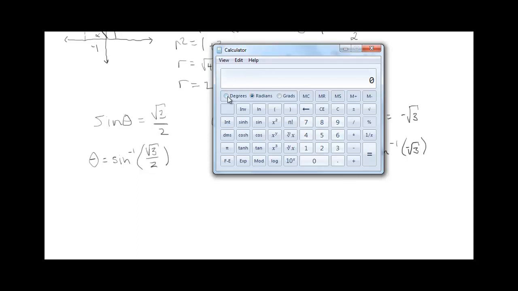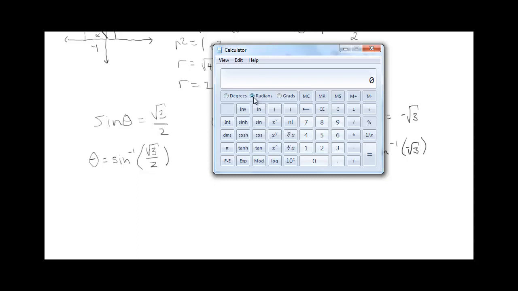So the first thing you want to do is, we are working in radians now. If you want your answer for theta to be given in radians, you have to change the mode to radians. On this computer calculator, there's just a button I can click for radians.